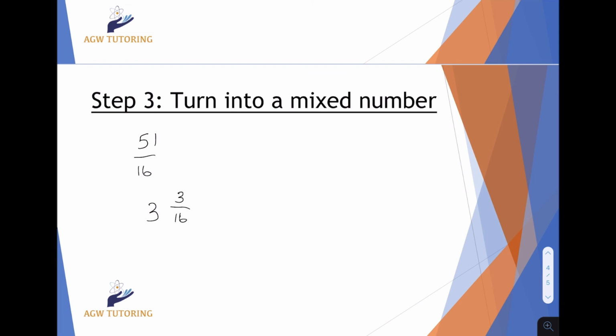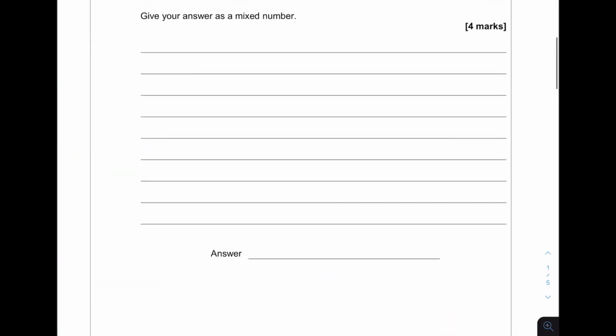So to explain that again, we have 16, 32, 48. So 16 goes into 51 3 times with a remainder of 3. And that is our final answer in a mixed number form, 3 and 3/16.